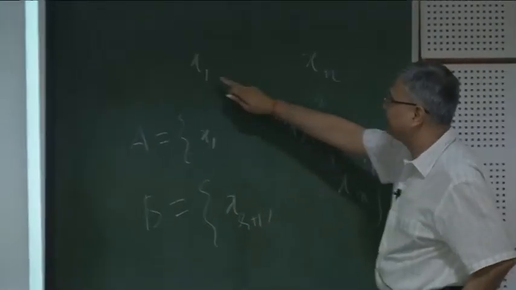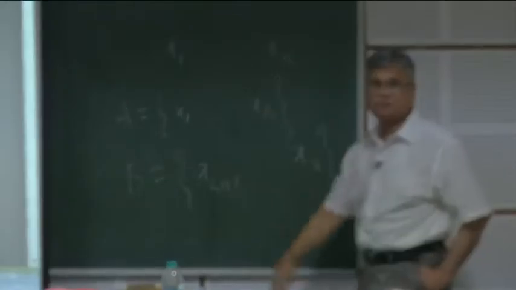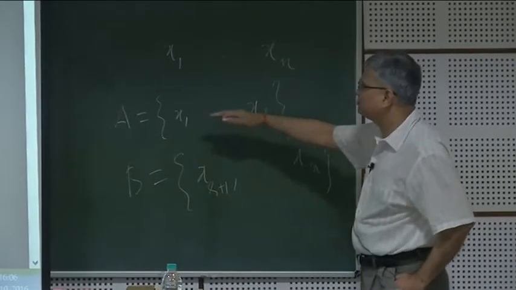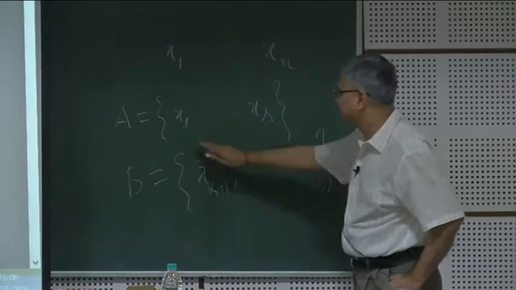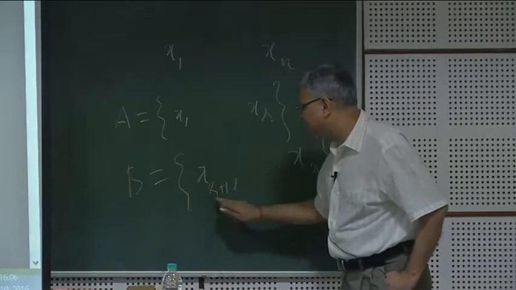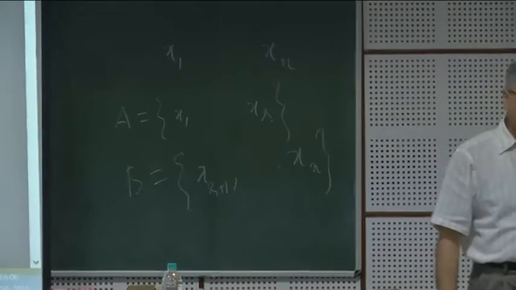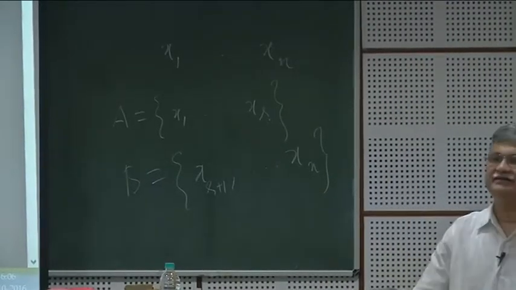So, I am saying that my original sample space is from x1 to xn. I divide this into 2 sets, set A is x1 to xr and set B is xr plus 1 up to xn. So, what the grouping axiom poses is a very interesting question.